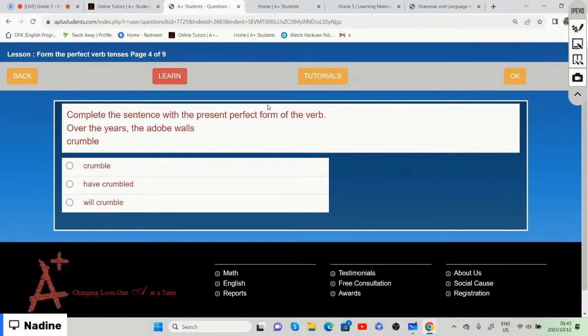Remember, we need to add our helping verb, which is either has or have. So over the years, the adobe walls, do we say crumble, have crumbled, or will crumble?